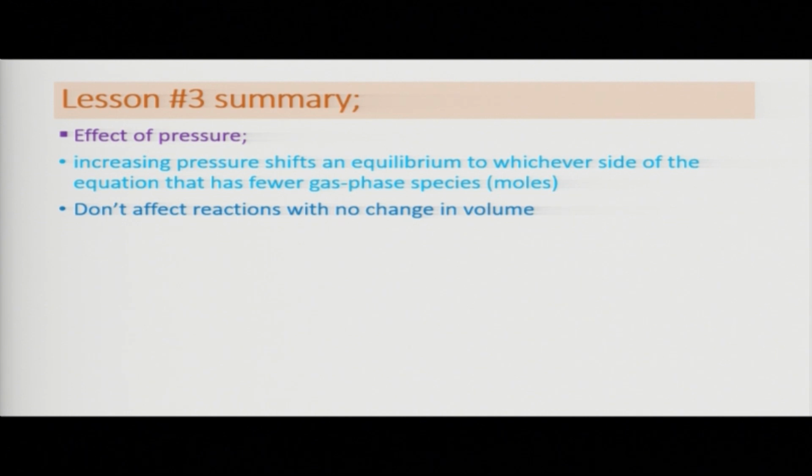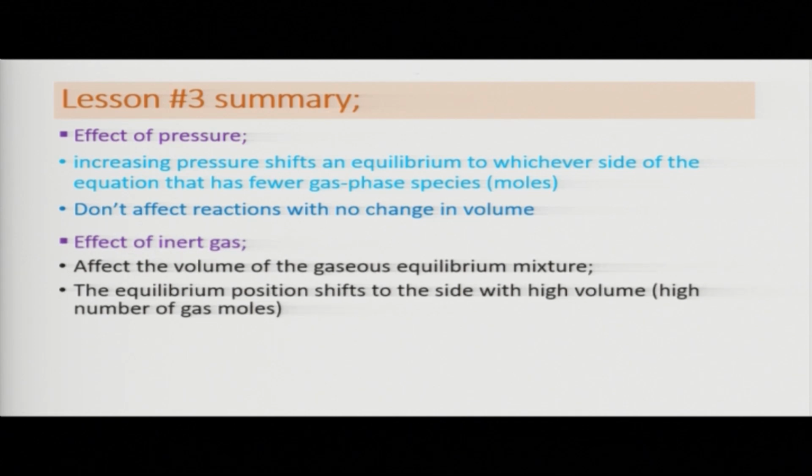And if there is no change in volume, then the pressure will have no effect. Secondly, inert gas. What they do, they only affect the volume of the equilibrium composition. And so they shift the equilibrium to the side with higher volume. Of course, that is to accommodate the added gas molecules.